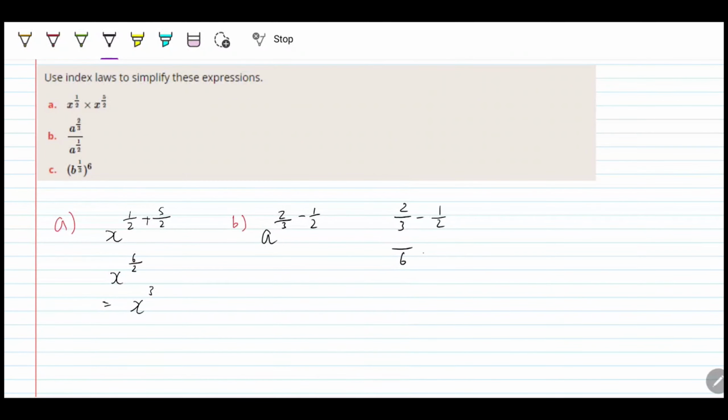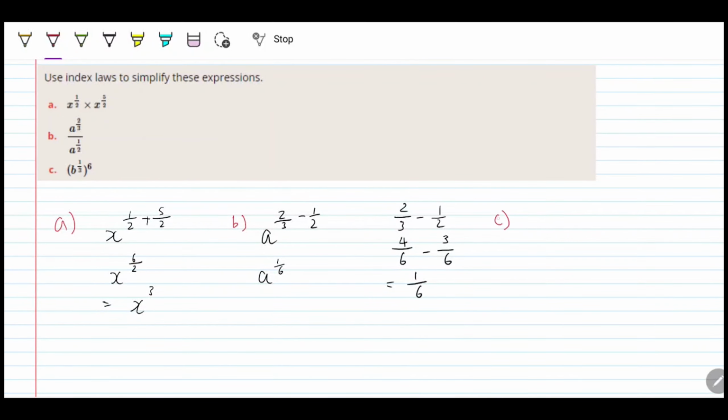So put them both over 6. To get 3 to 6, you multiply it by 2. So you times the top by 2, which will give you 4. To get 2 to 6, you need to multiply this by 3. So you times this by 3 on top. 4 over 6 minus 3 over 6 will give me 1 over 6. So this becomes a to the power of 1 over 6.